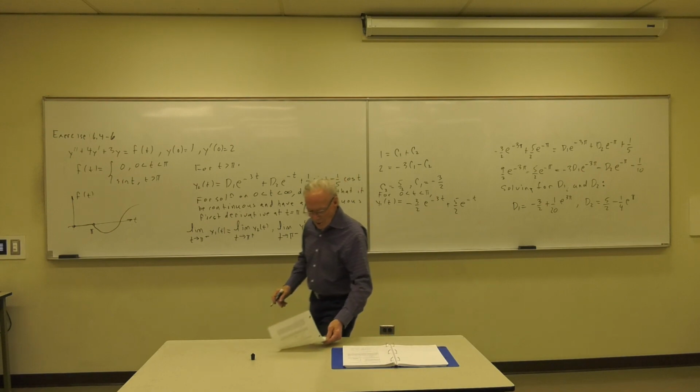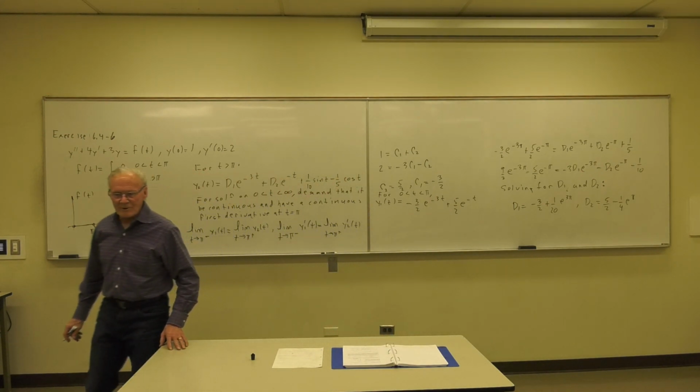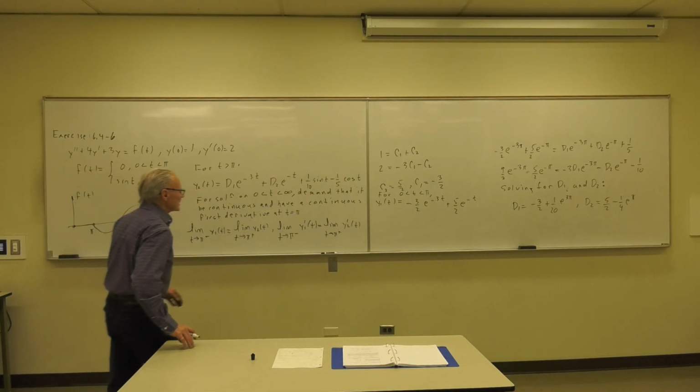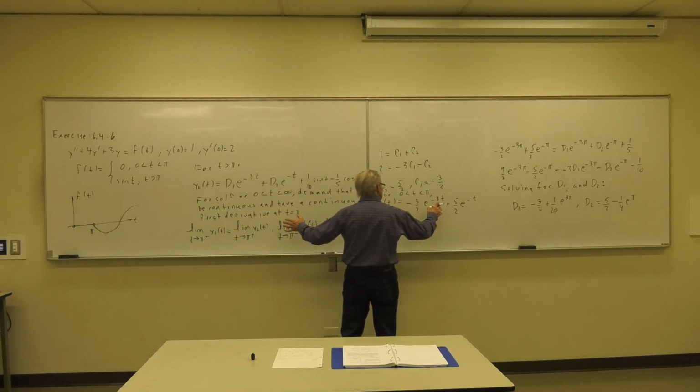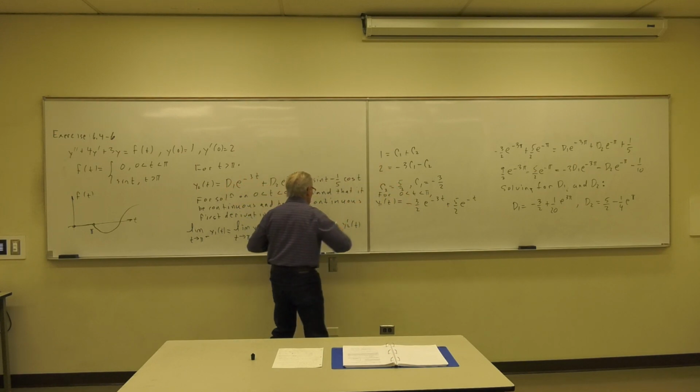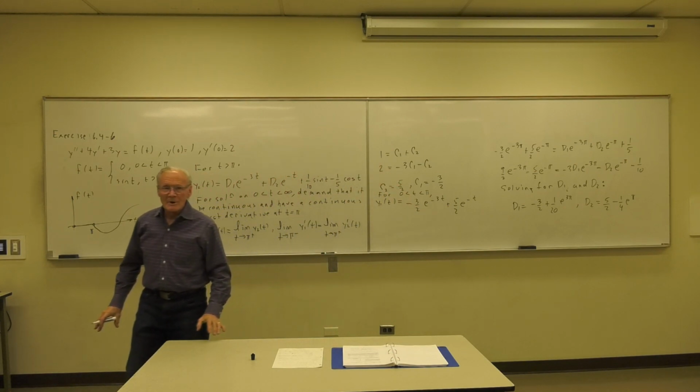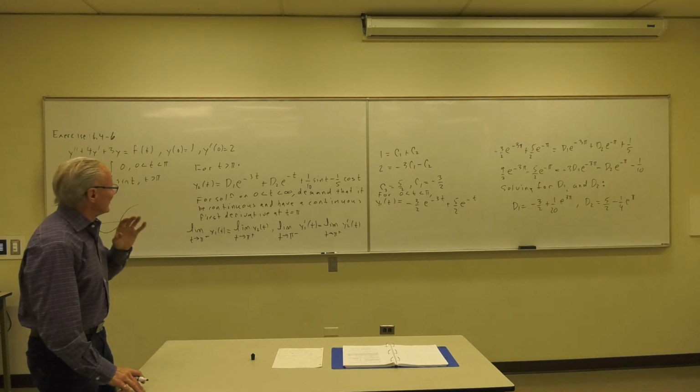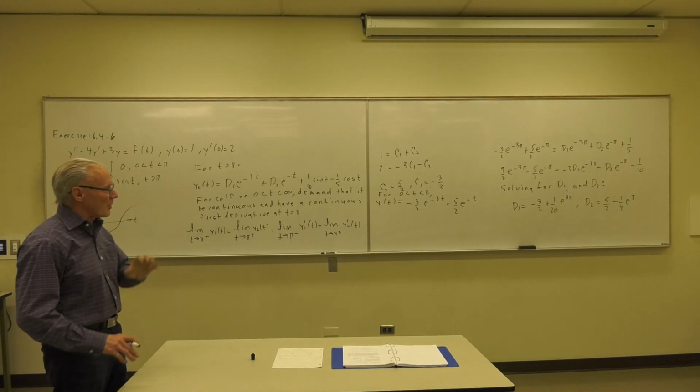And so now we finally have the solution. We can say the solution up to pi is this, and the solution after pi is this, with that d1 and that d2. So there's chapter 15 at work on this problem.